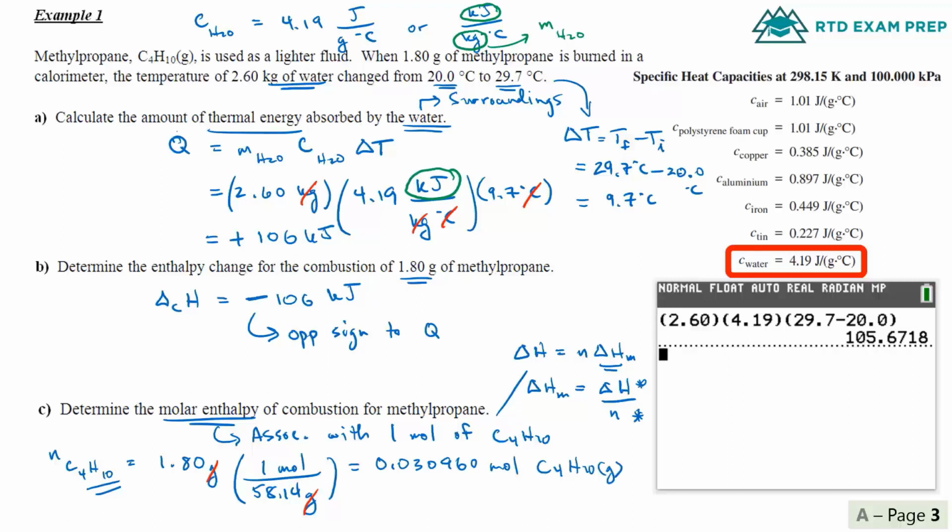Now finally, to finish this off, and here's where I got some room, right over this calculator diagram, to calculate the molar enthalpy for combustion, it is equal to the delta H that we see up there, divided by the number of moles.